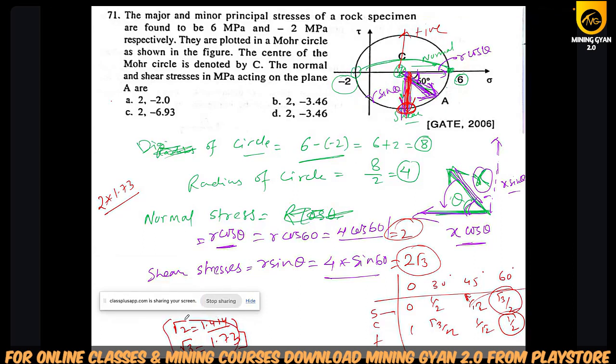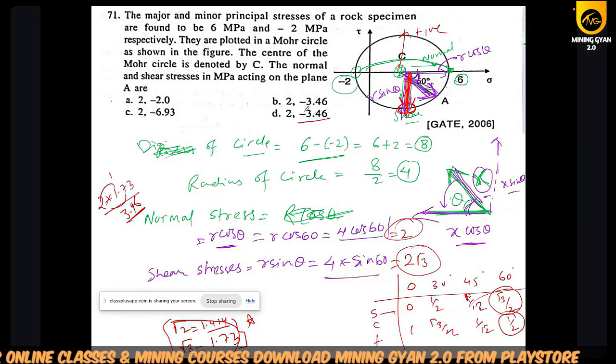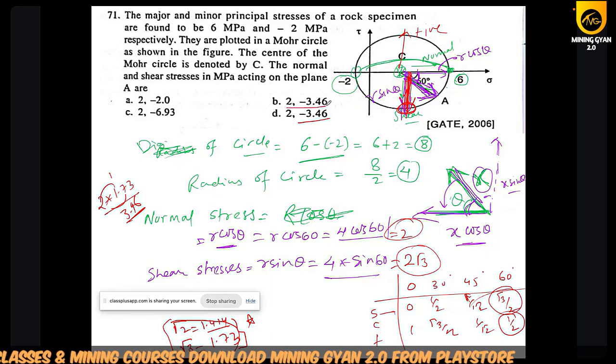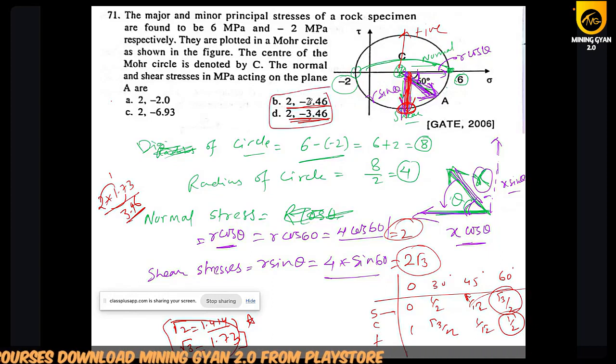So when you multiply, it will become 3.46, in the negative direction. So the answer will be, both answers are similar, B or D.